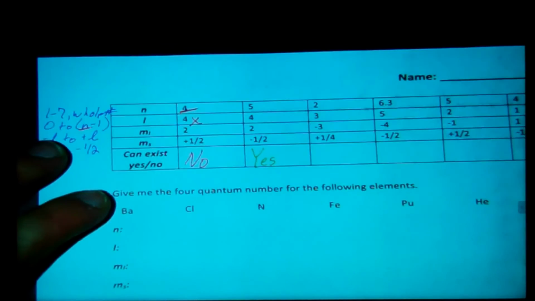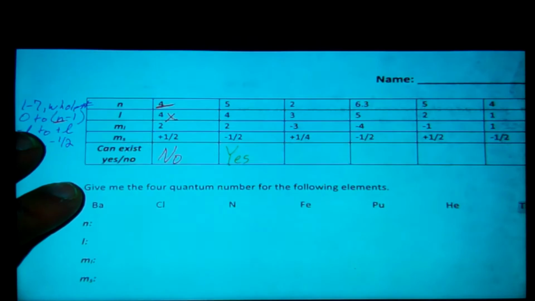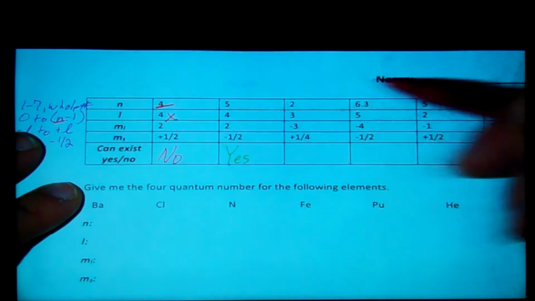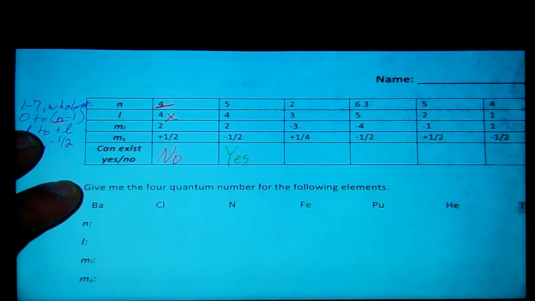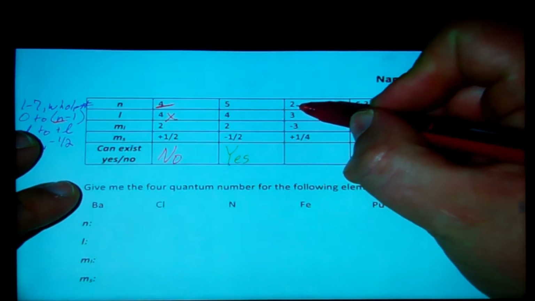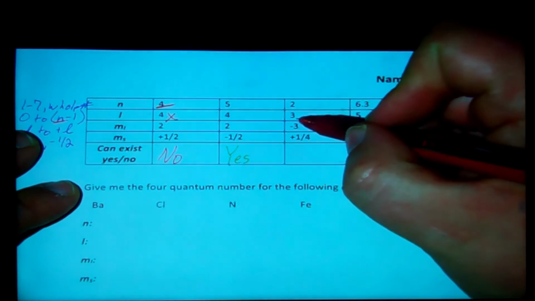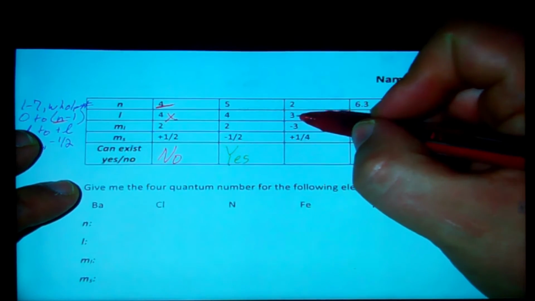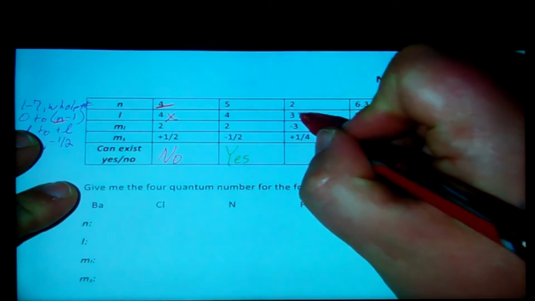Let's go on to the next one. n is 2. Can n be 2? Yes, it's a whole number between 1 and 7. If n is 2, can L be 3? No, because L can only be from 0 to n minus 1, and n is 2, which means the greatest L can be is 1. So it cannot exist.